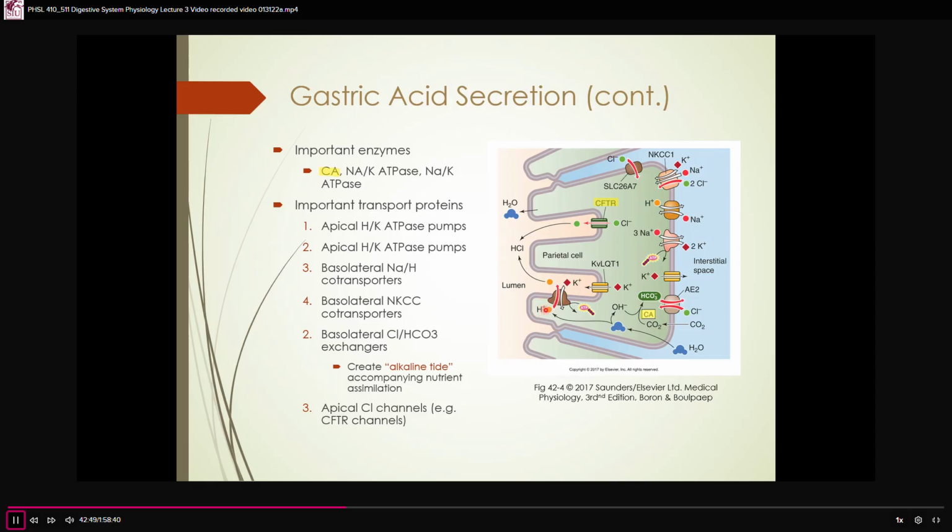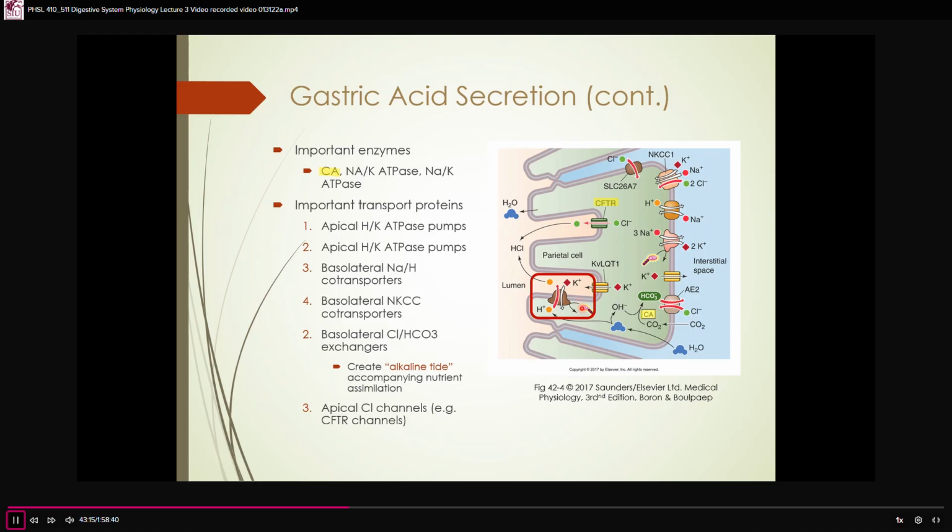The ionization of that in these cells is going to be particularly important because it's going to provide some of the hydrogen that's going to be transported by those critical hydrogen potassium ATPase pumps. So those hydrogen potassium ATPase pumps on the luminal face, their ATPase activity is important because it can spend cellular energy.